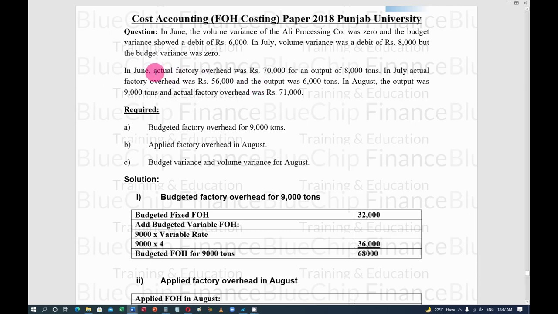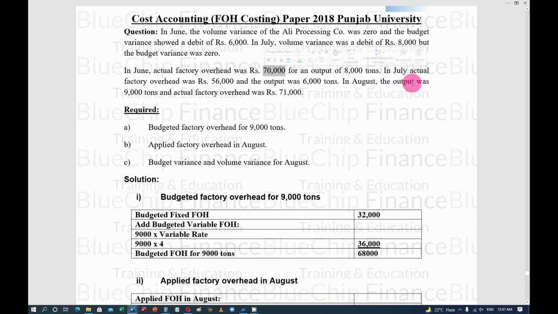In June, actual factory overhead was rupees 70,000 for an output of 8,000 tons. In July, actual factory overhead was rupees 56,000 and the output was 6,000 tons. So you observe that there are two different activity levels, one is 6,000 tons for rupees 56,000 and one is 8,000 tons for rupees 70,000.